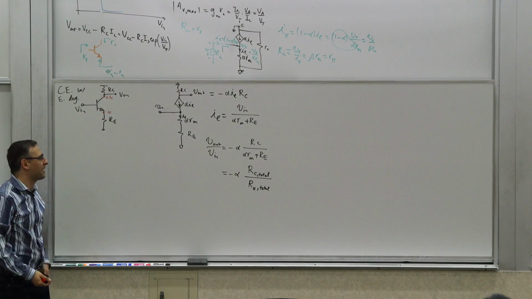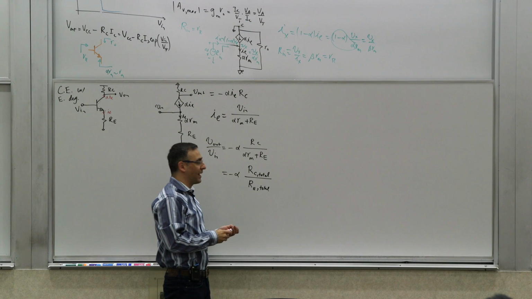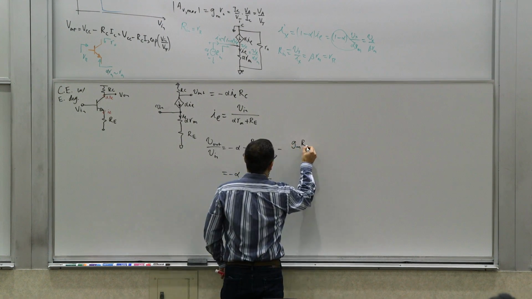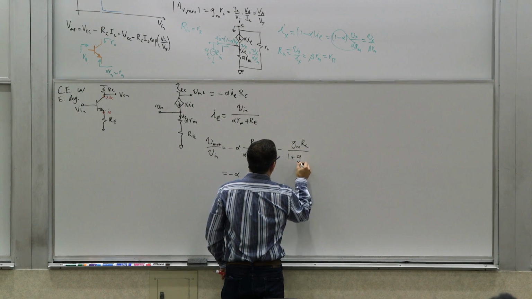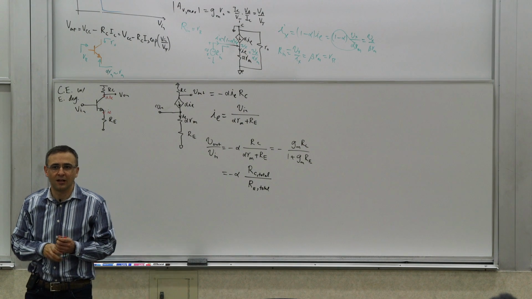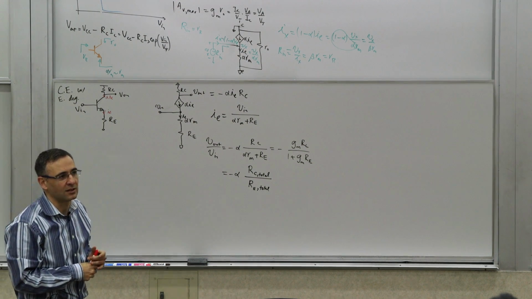Now, people sometimes write this in a different way. They write it as negative gm RC divided by 1 plus gm RE. This is the more classic textbook way of writing it. In my opinion, it's an inferior way of writing it.